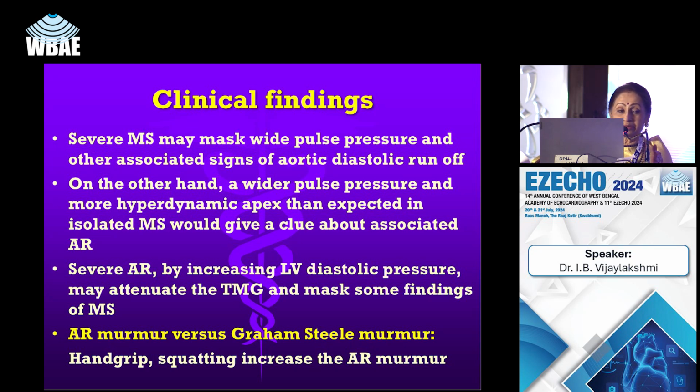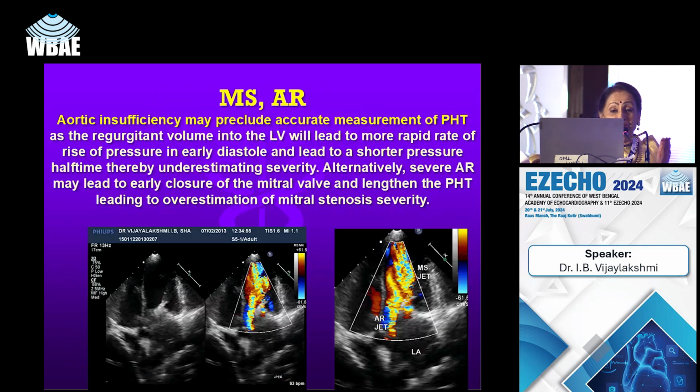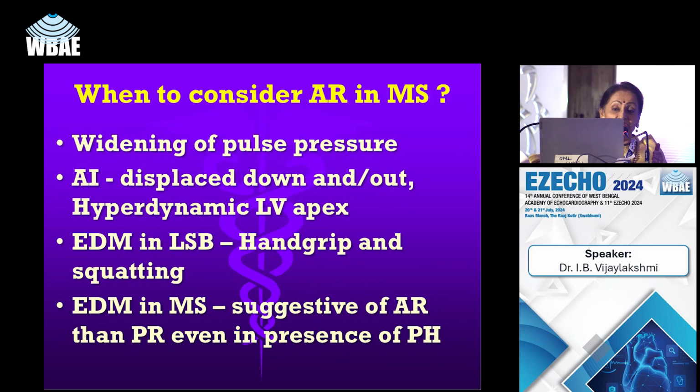Otherwise, you land in trouble. Here, the submitral structures are not mentioned in the report given, and it is said mild mitral regurgitation. So how do you calculate mild mitral regurgitation? When the vena contracta is less than 3 millimeter, it is mild. Between 3 to 6 or 7, it is moderate. More than 7, it is severe.